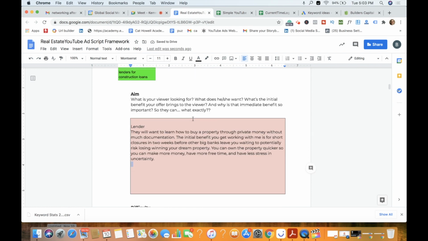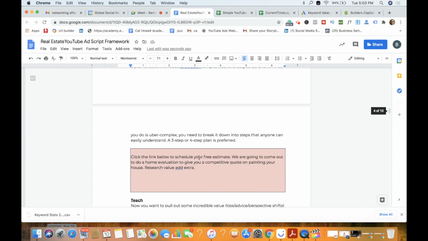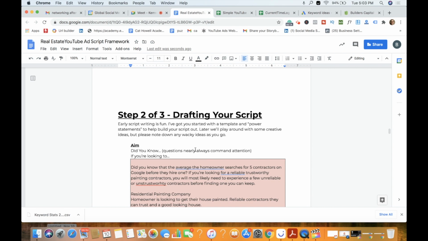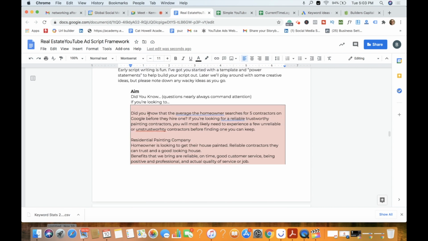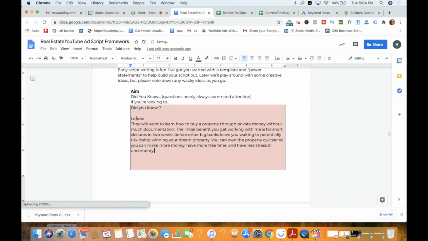Okay, so that's kind of like the aim, right? So this would be essentially where I would take this and just kind of further down the road, in drafting your script, I would flesh this out a little bit more. And I would start with that aim section, like, did you know? And I would say something maybe about lenders, right?